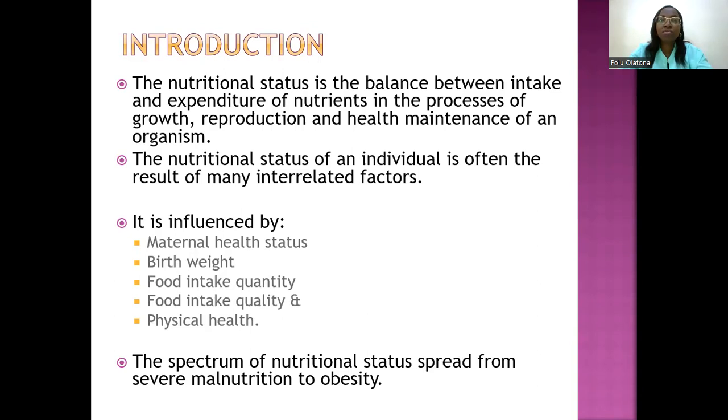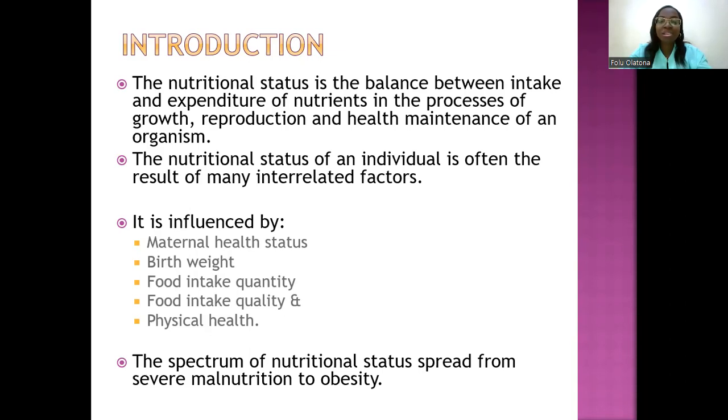So even if two children of the same age are receiving the same food, they're undergoing the same kind of physical activities, because of that initial birth weight that is different in that particular child born with low birth weight, that child will continue to weigh less than his or her friend.